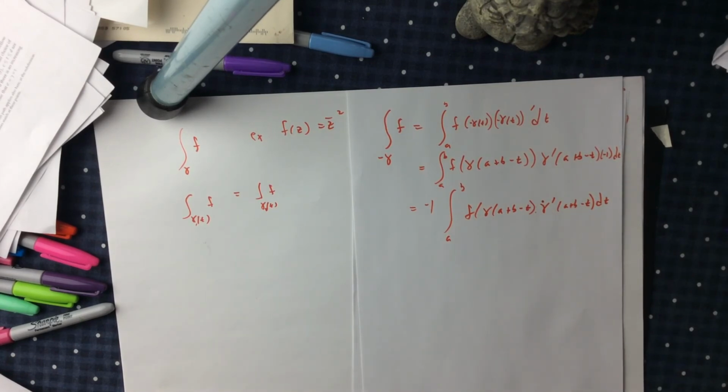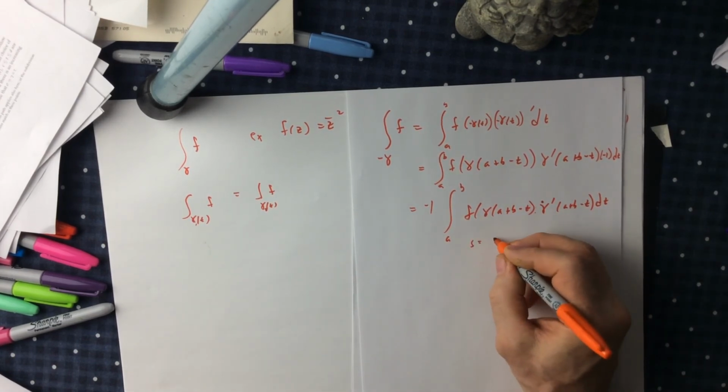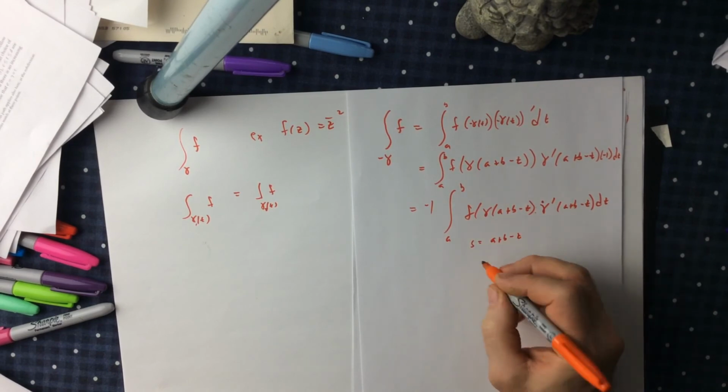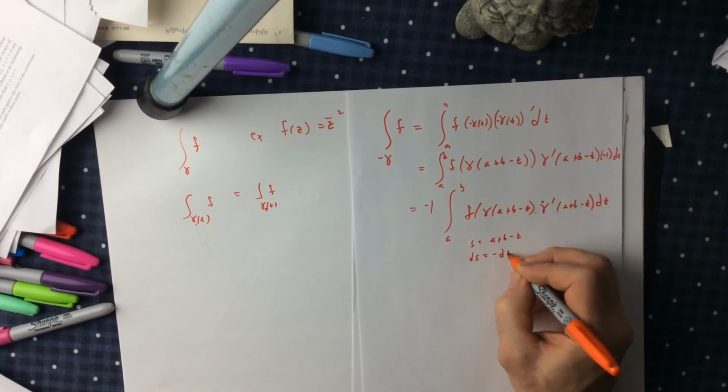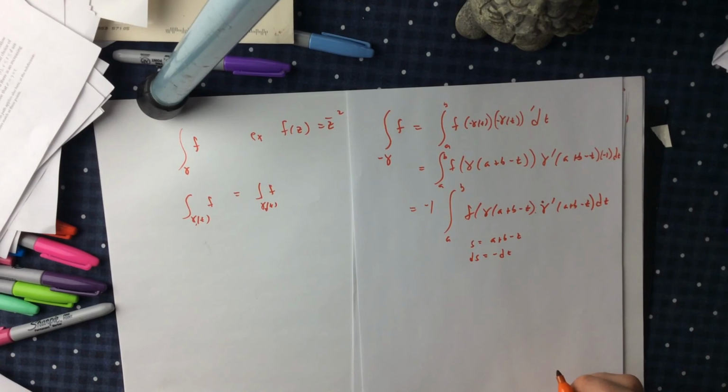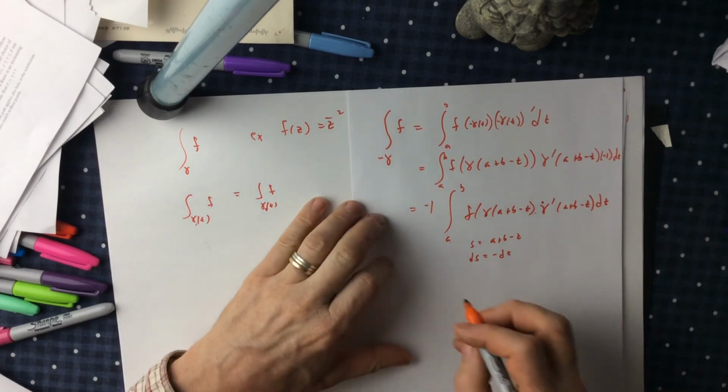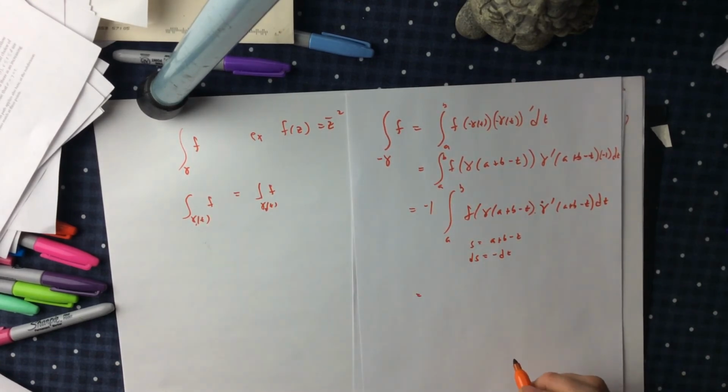And so now what we have to do is just a change of variable. So let's let s equal a plus b minus t, and ds will be minus dt. So now what are we going to get?